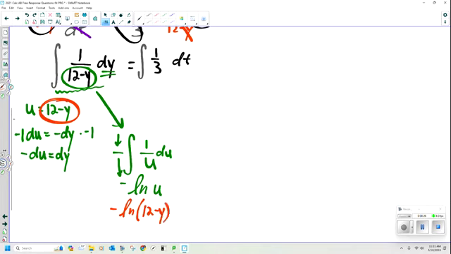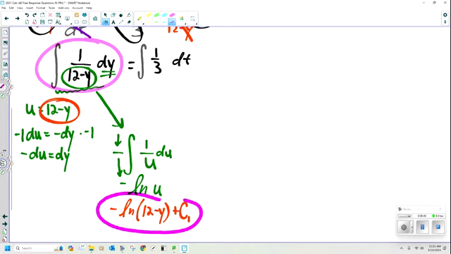Okay? And don't forget, it's plus some constant c. I put a c1 there because we're going to have a constant on the right side as well. So for this, right here, this in orange that I'm circling is going to go in its place. So let's start to write that. We have the negation of the ln of 12 minus y plus some constant c equals.